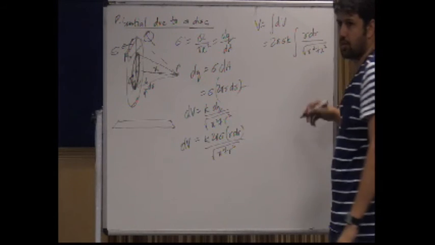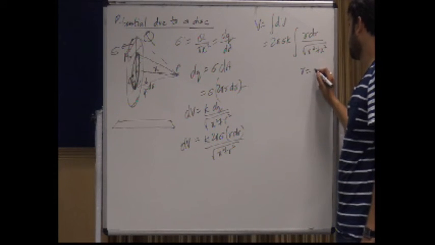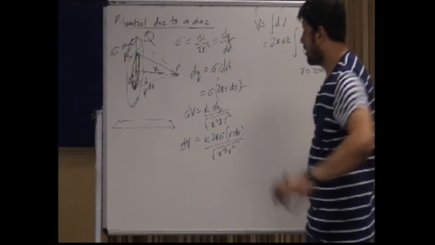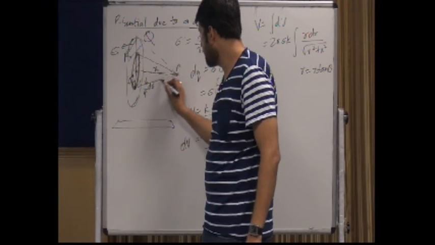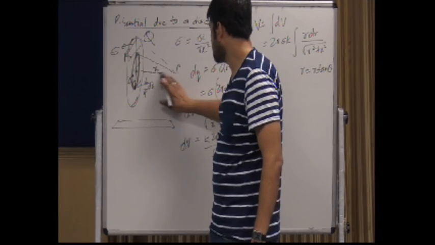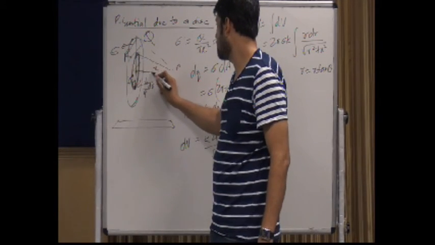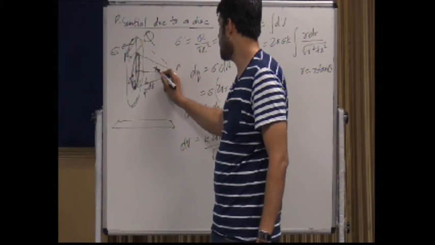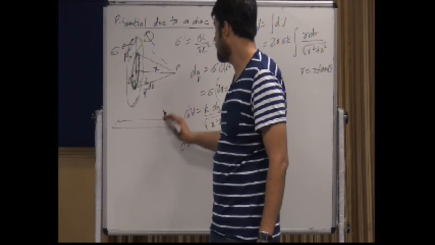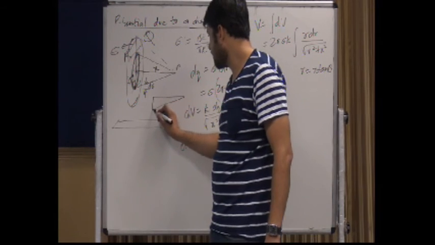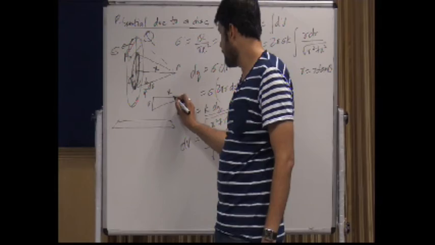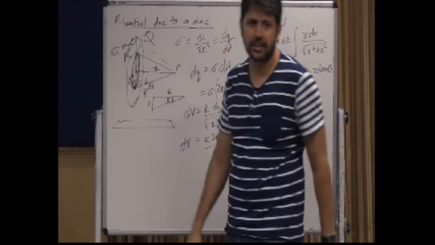What to do now? Take r equal to x tan theta. In this triangle, this is x, this is r, and the angle formed here is theta.